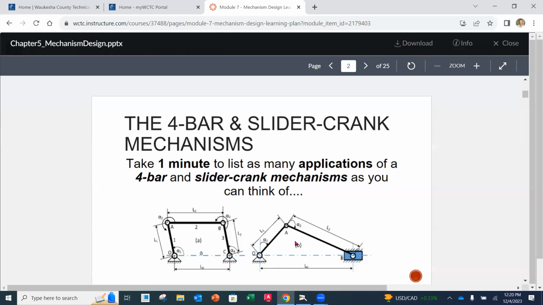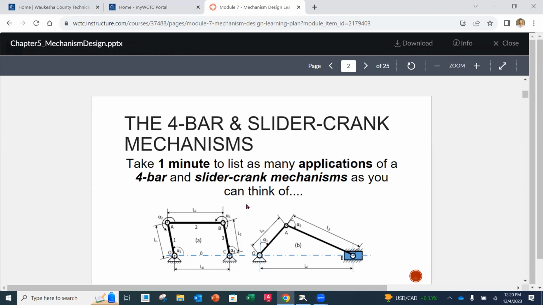All that means is that the crank or the input goes around a complete revolution, while the output, in this case a slider, goes back and forth linearly. Or if we're in a crank rocker situation, the input link or the crank, the driver, goes around in a complete revolution while the other one oscillates.